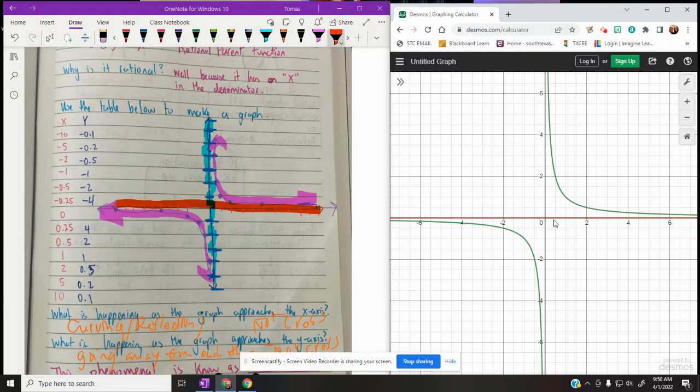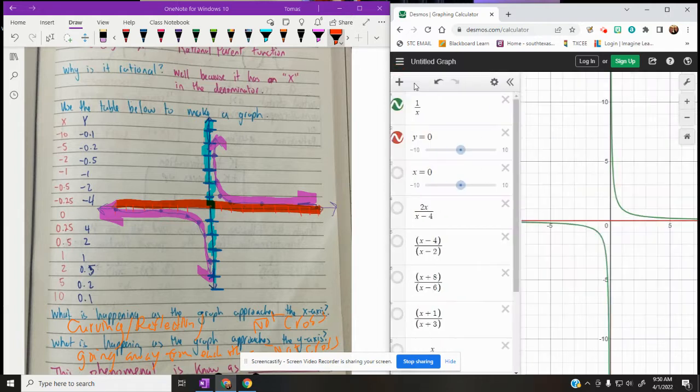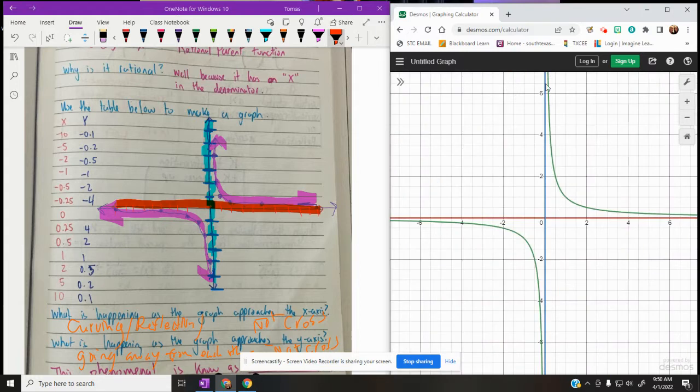Now, our horizontal asymptote, we usually just have one, but I'm going to talk about that a little bit more later on.